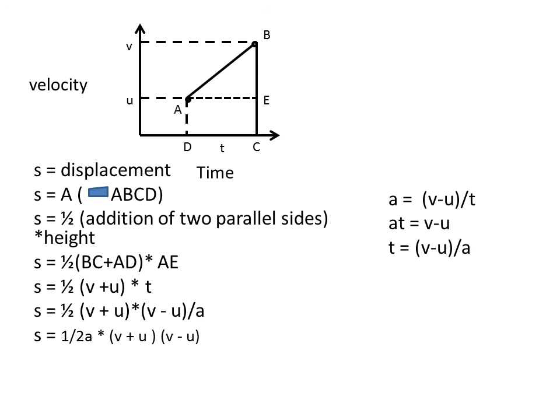Instead of v plus u and v minus u, you can write v square minus u square, right? So just by rearranging the terms, you will get the desired third kinematic equation, that is 2as is equal to v square minus u square, or v square is equal to u square plus 2as.